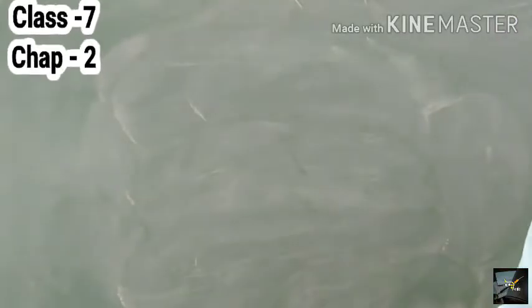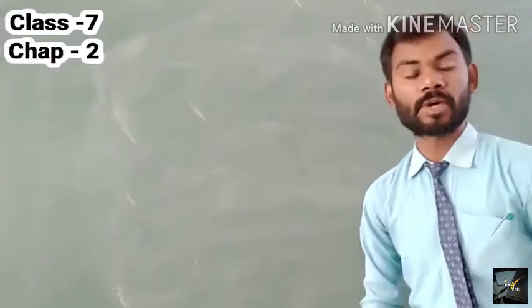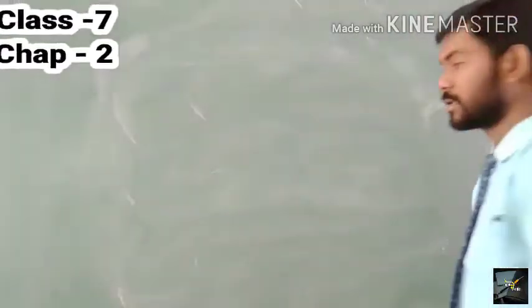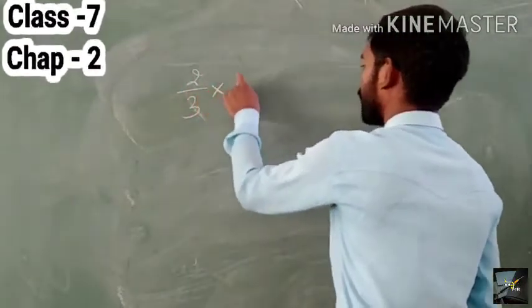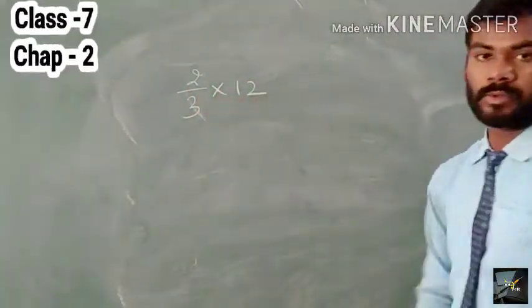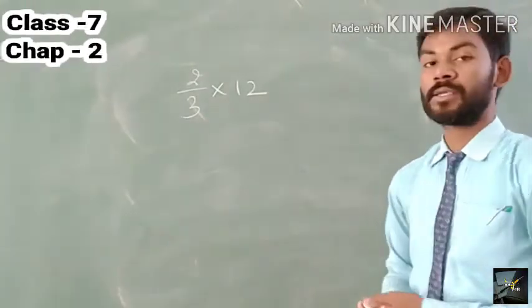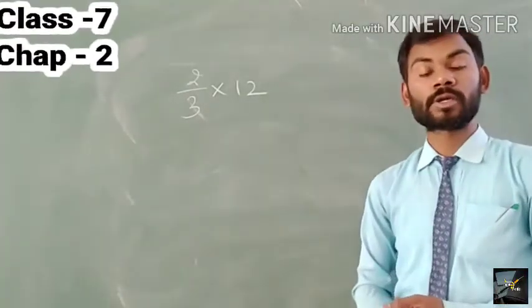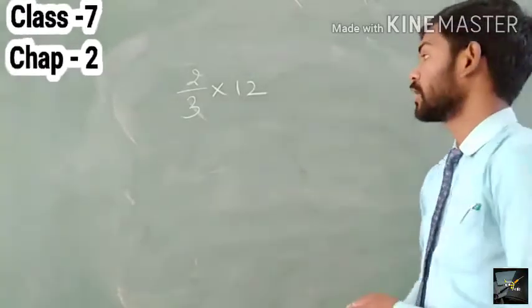First of all, we shall solve the question which is based on the multiplication of fraction. The first question is 2 upon 3 multiplied by 12. As I told you, whenever a fraction is multiplied by a whole number, then the whole number will always be multiplied with the numerator of the fraction.